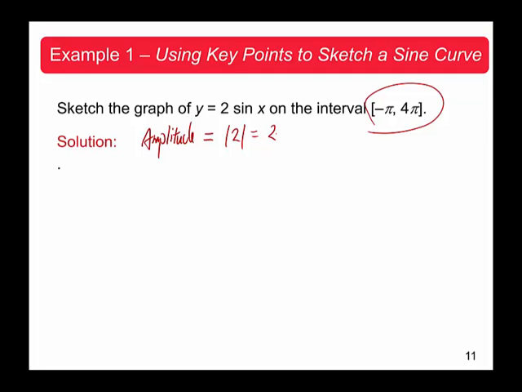Meaning the maximum and minimum are going to be 2 and negative 2. And then the period equals 2 pi over the number in front of x. The number in front of x is 1, so it's 2 pi.